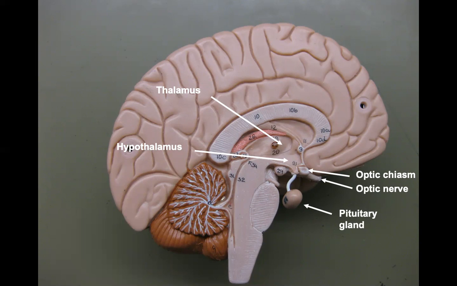If you imagine the two eyes, here are the two eyes, and the signal coming off the back of the eyes is the optic nerve. So this is your optic nerve. Now again, the signal coming from the right eye needs to go to the left cerebral cortex and vice versa. So the region where that crossing happens is your optic chiasm, which is depicted as the structure right here.